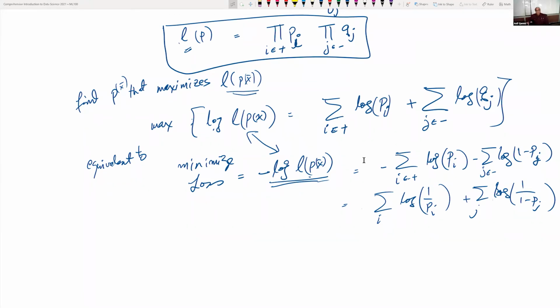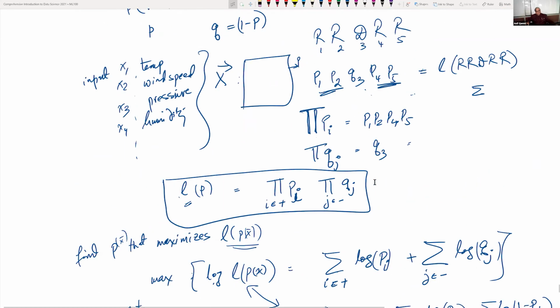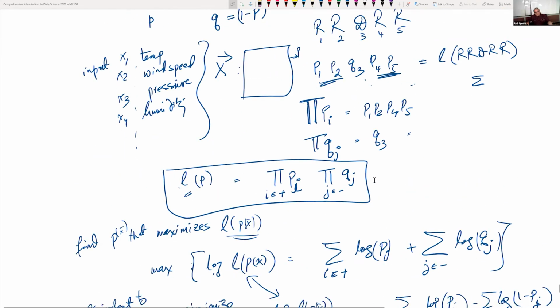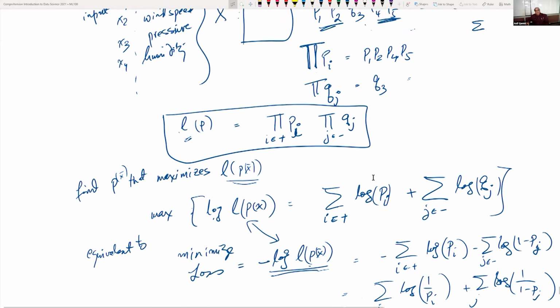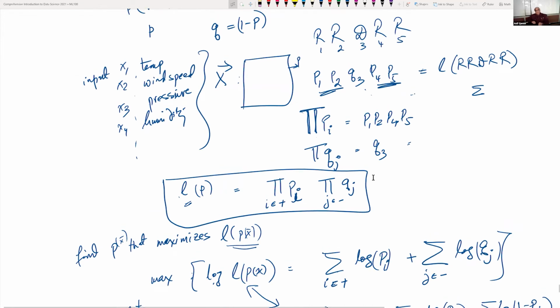Now you may ask this question, something is suspicious. Maximizing the log is the same as minimizing negative log, but are we sure that maximizing the likelihood function is the same as maximizing the log likelihood function? Is it really true? Well, it turns out that it works, because the log of numbers is, I hope I'm getting it right, a monotonically increasing function.